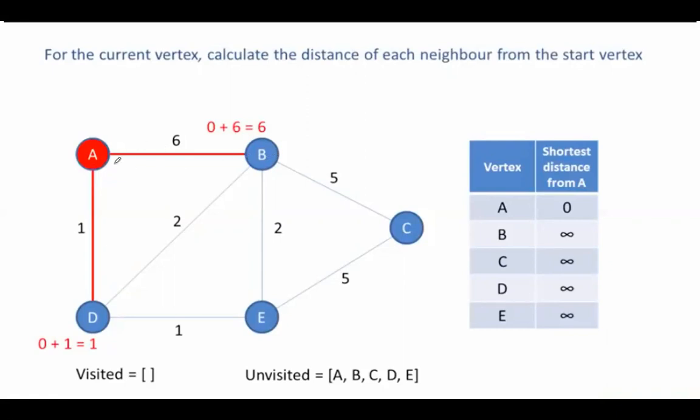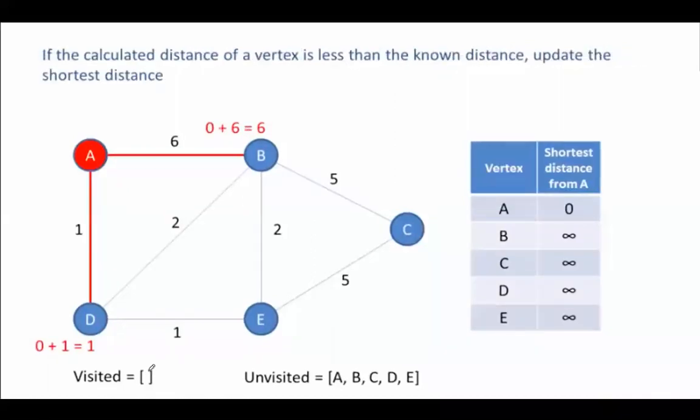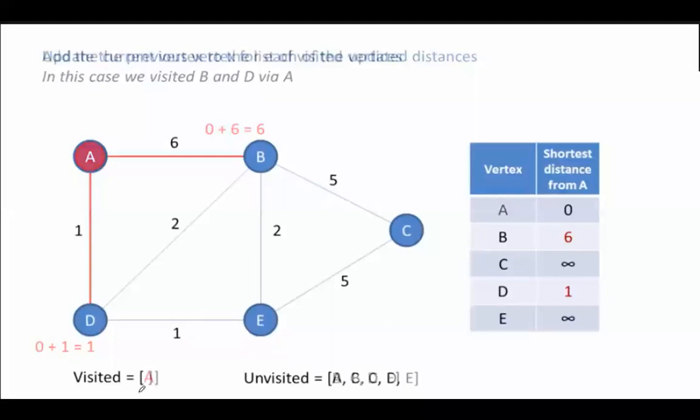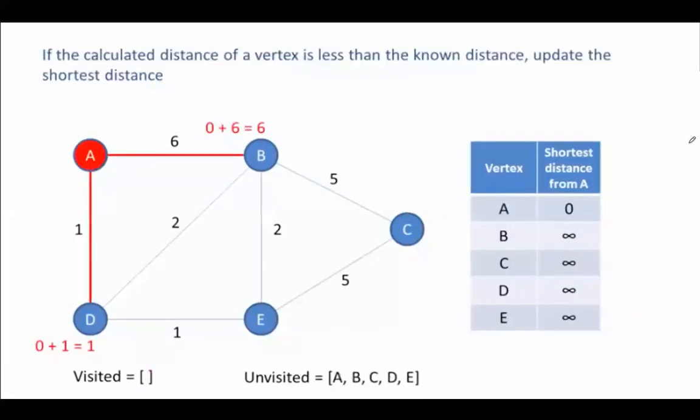Once you find the distance from whatever vertex you are tracing to the neighbor vertices, we say that we have visited A, so we write down A here. Now I got the distances for B and D, and you check whether they are less than infinite.